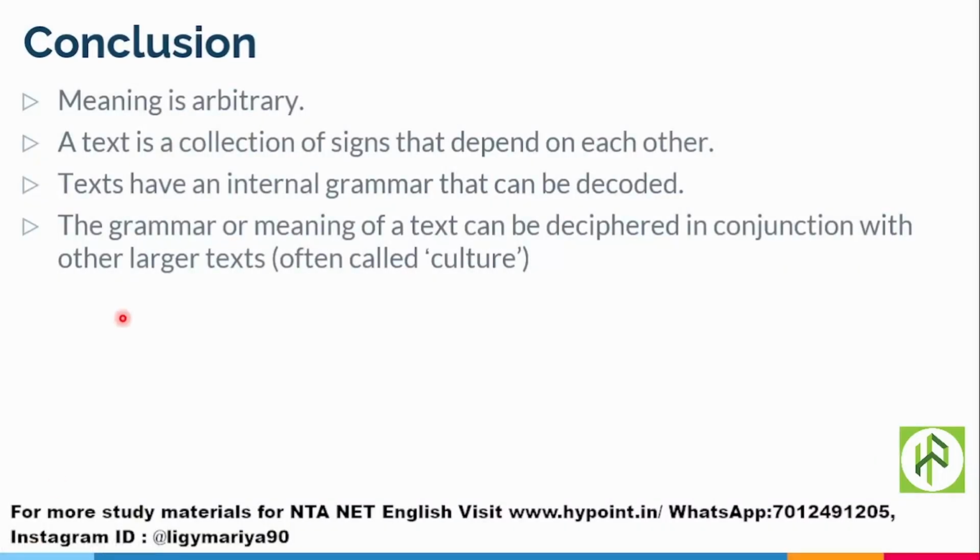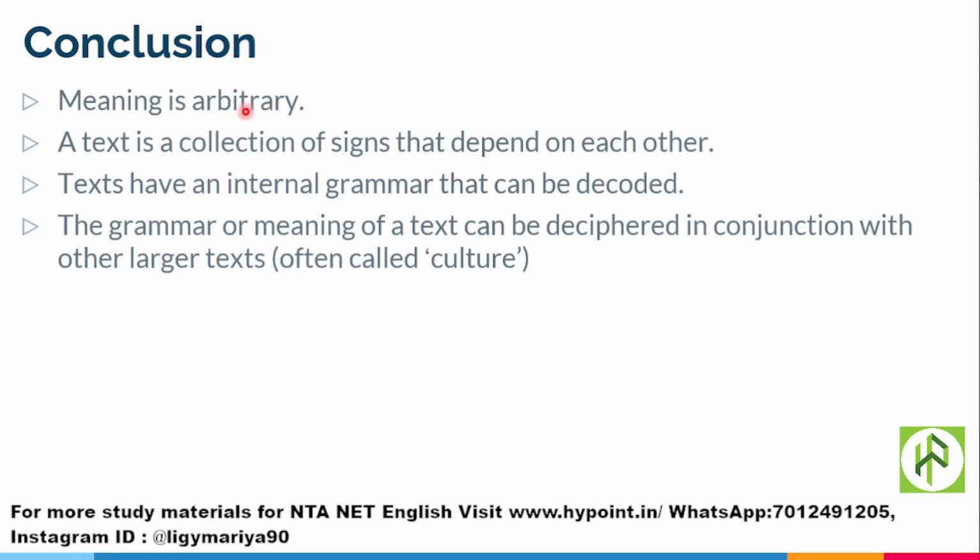Okay, so let me conclude this video by saying that meaning is arbitrary. Meaning is arbitrary, and again it is relational, it is systematic. Please remember these two basic fundamental assumptions of Ferdinand de Saussure about language as a system and structure. Language is a system, and inside that system you can have various structures like patriarchy, colonialism, post-colonialism, neo-colonialism, feminism.